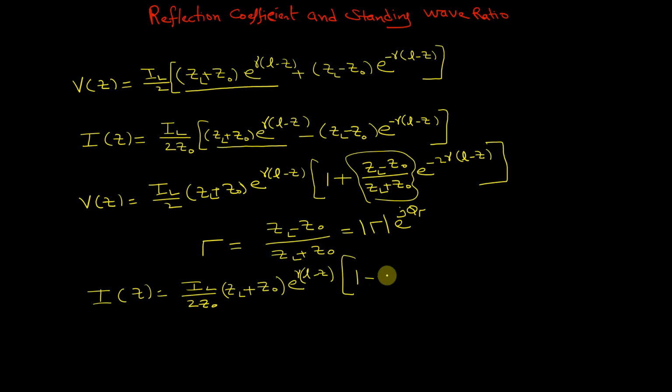Again I am writing it directly, gamma e^(−2γ(L−z)), with a minus sign. So this gamma is the current reflection coefficient.